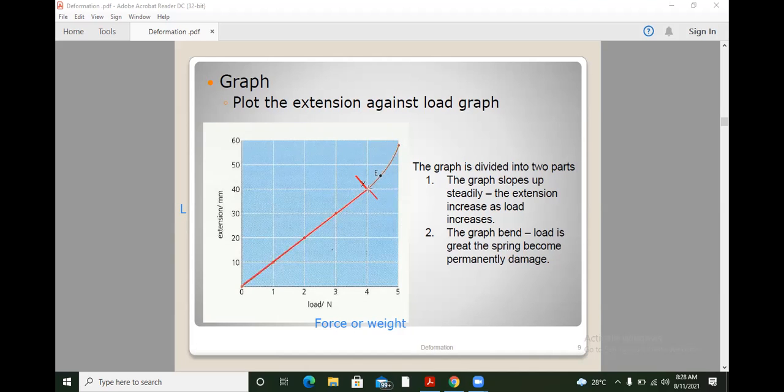Yeah, the graph is linear. That means as I add weight, the length increases linearly. But what happened after the X point? Why is there no linearity right there? Any idea? Why from the X point is the graph now not linear?